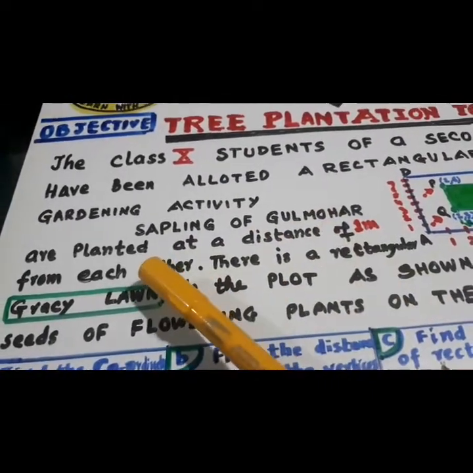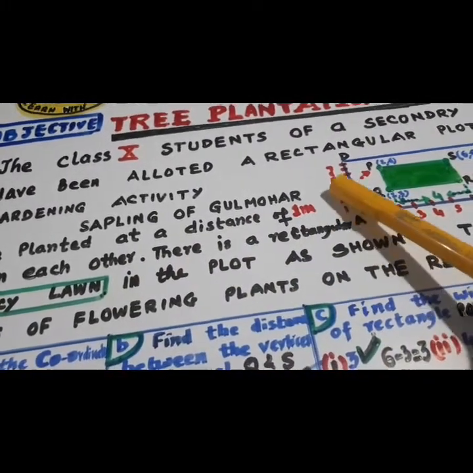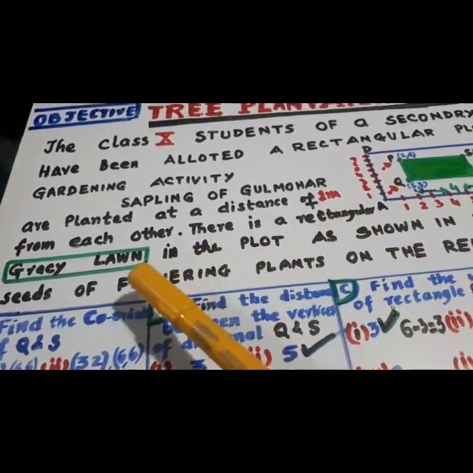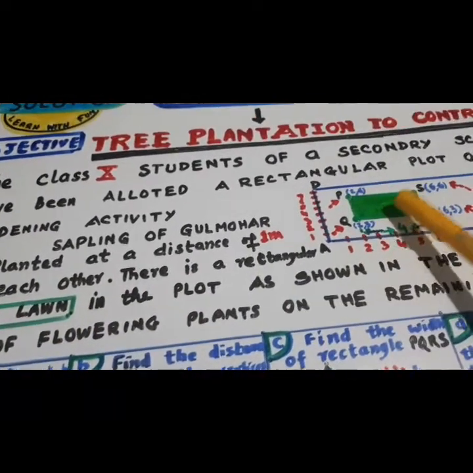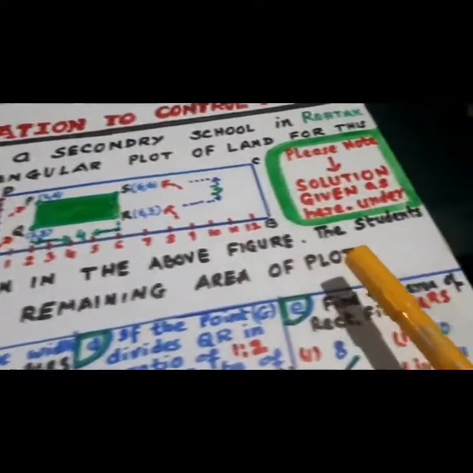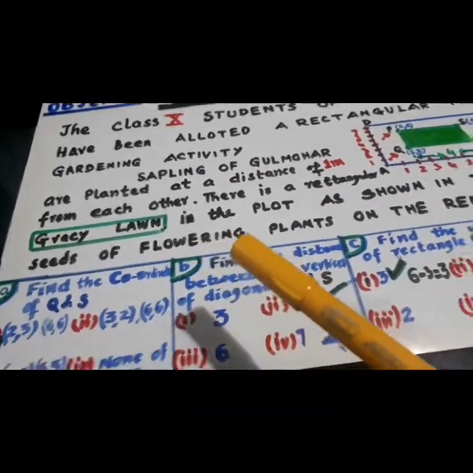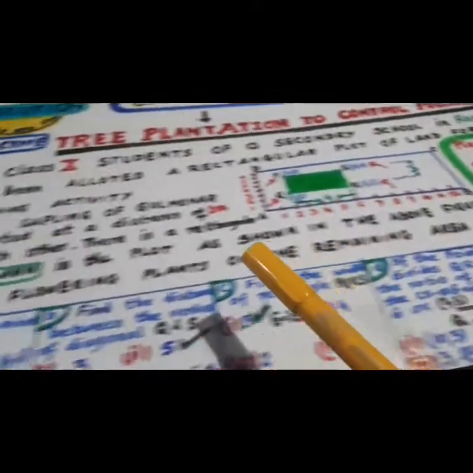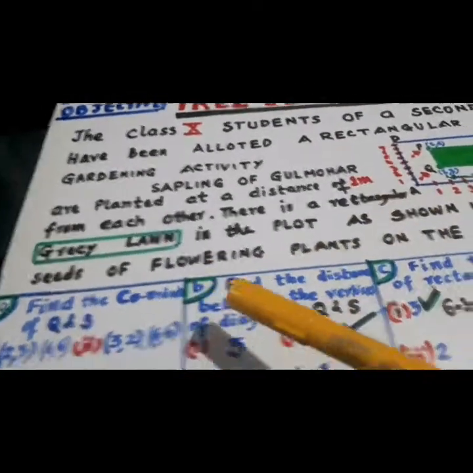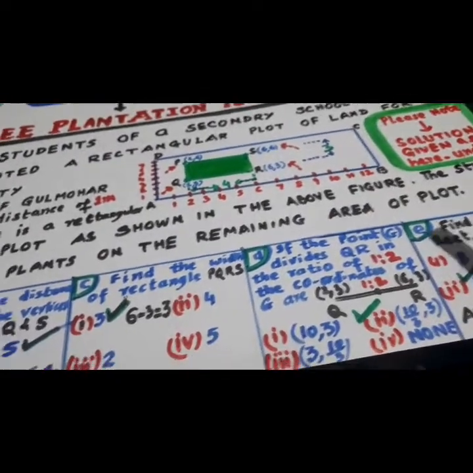Saplings of gulmohar are planted at a distance of 1 meter from each other on this side as well as on this side. I have given the markings. There is a rectangular grassy lawn in the plot as shown in the above figure. The students are having seeds for flowering plants on the remaining area of the plot.